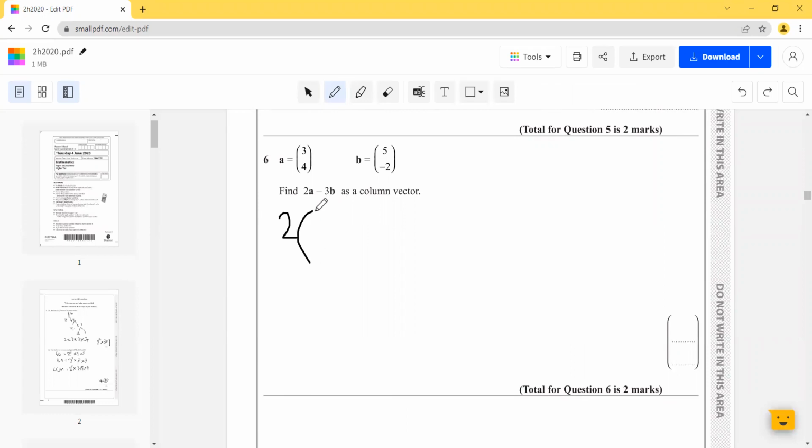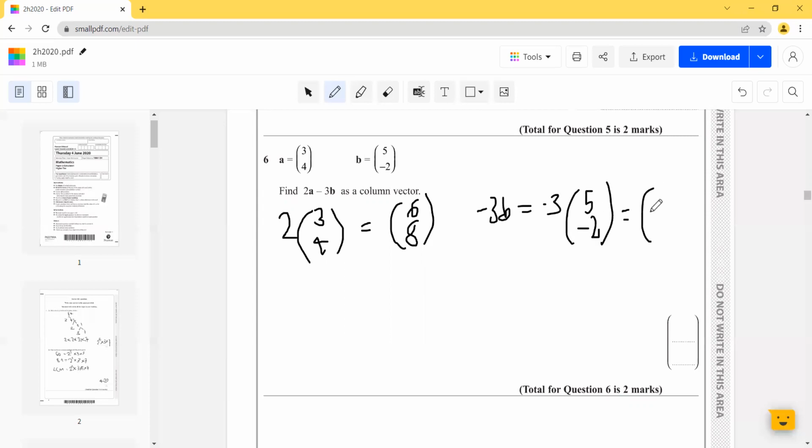So first, I'm going to do 2 times A, which is 6, 8, and minus 3B is equal to minus 3 times 5, minus 2, which is minus 15, 6.